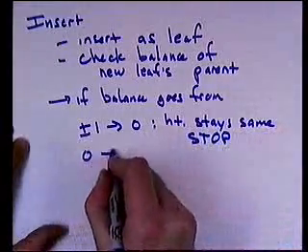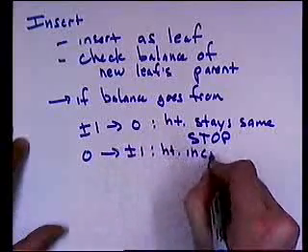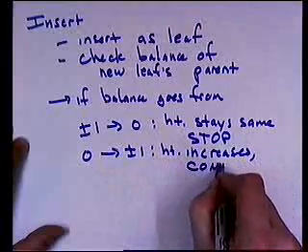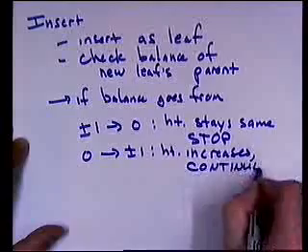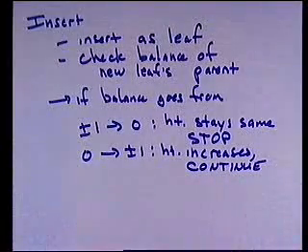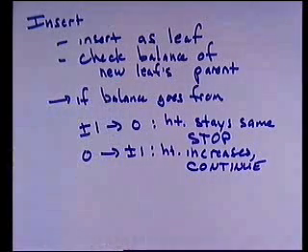If it goes from 0 to ±1, the height increases, and you have to continue upwards. If the height increases, that means your parent's balance is affected, so you'll go back and check the balance of your parent.